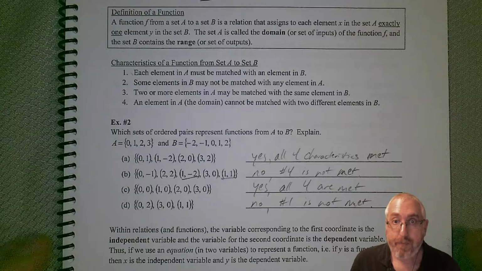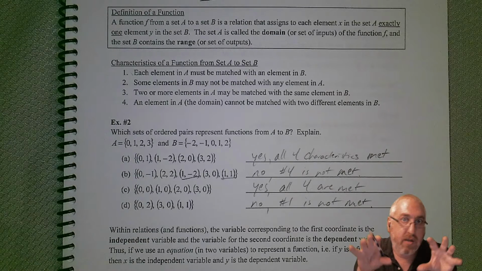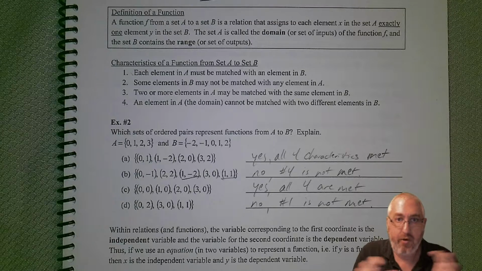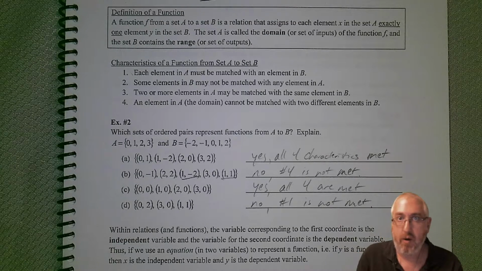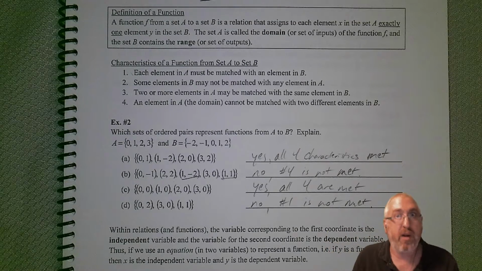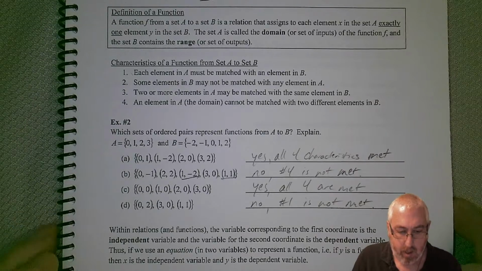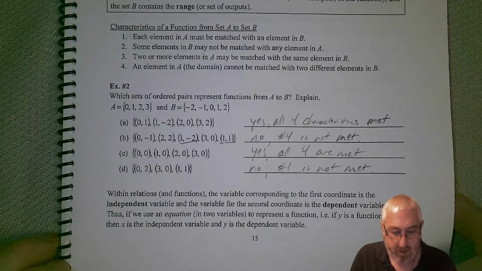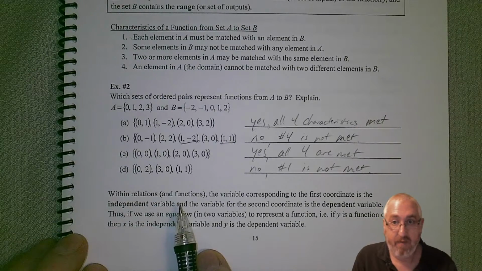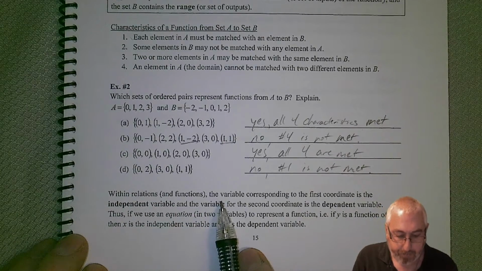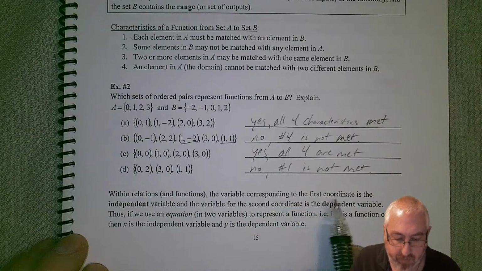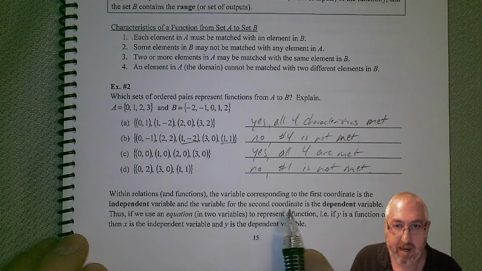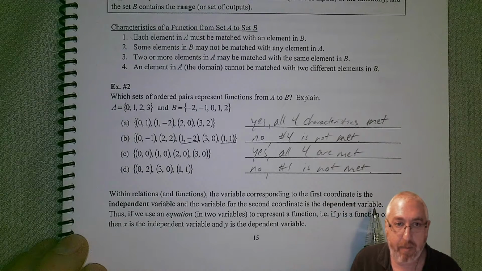So that's kind of the idea when you have a discrete set of numbers and you're trying to represent functions. We're going to see how we can generalize that even more soon. But let's take a look at some more terminology that hopefully rings a bell for you. Within relations and functions, the variable corresponding to the first coordinate is the independent variable, and the variable for the second coordinate is the dependent variable.